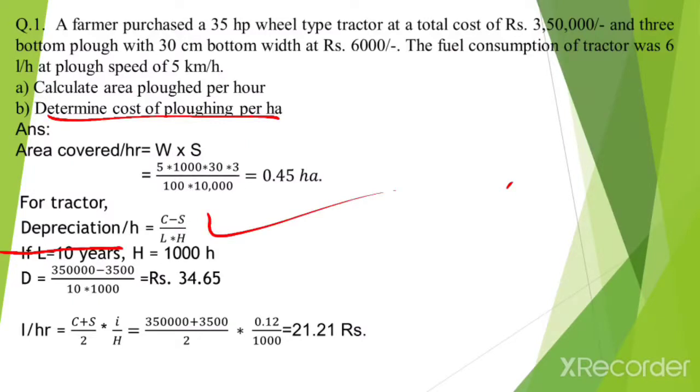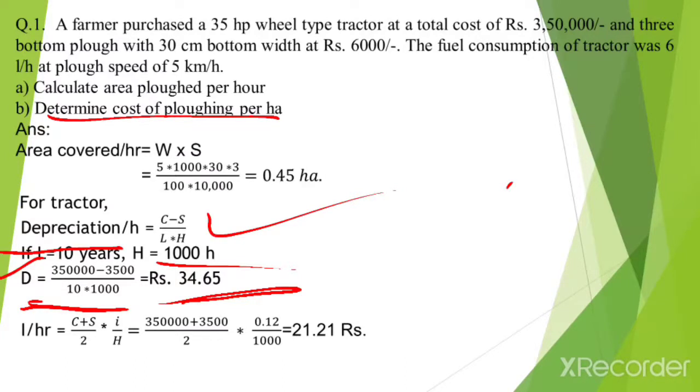Now some data is not given, so that data we have to assume here. The life of the tractor is considered about 10 years, and total working hours are considered 1000 hours. By putting all the values in this formula, we get the depreciation cost, that is rupees 34.65.